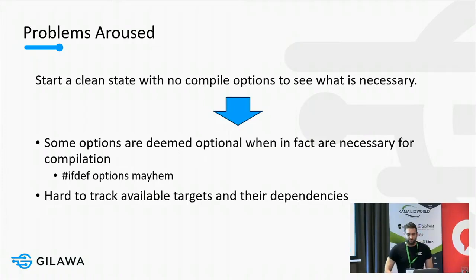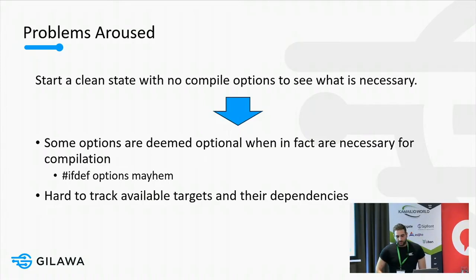There were some compilation problems, and that led us also to identify that the code base had a very long maze of ifdef options that one had to track: okay, this we want, this we don't want, and how to identify what's really needed to fix any problem that arose.